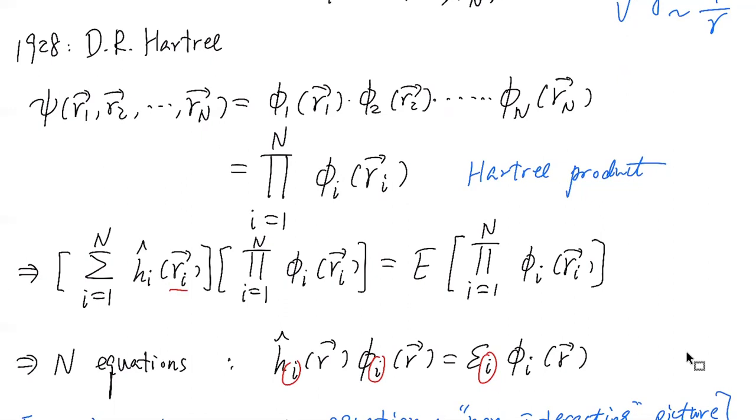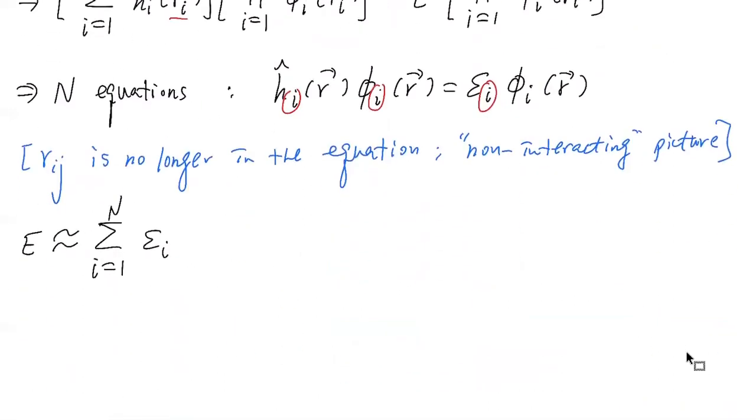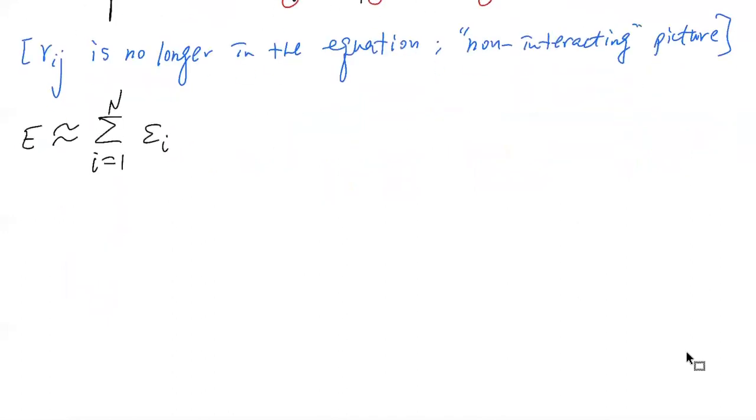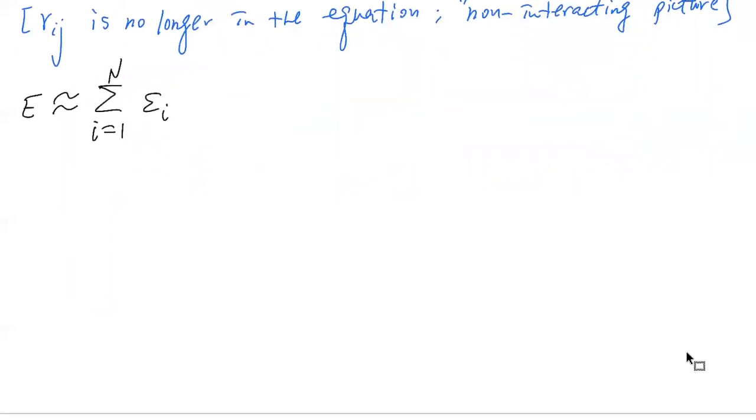Okay, so that's why here I only write the approximate sign. Approximately, by using Hartree's formalism, yes, you can have this summation. All right, so I should write an explanation here.